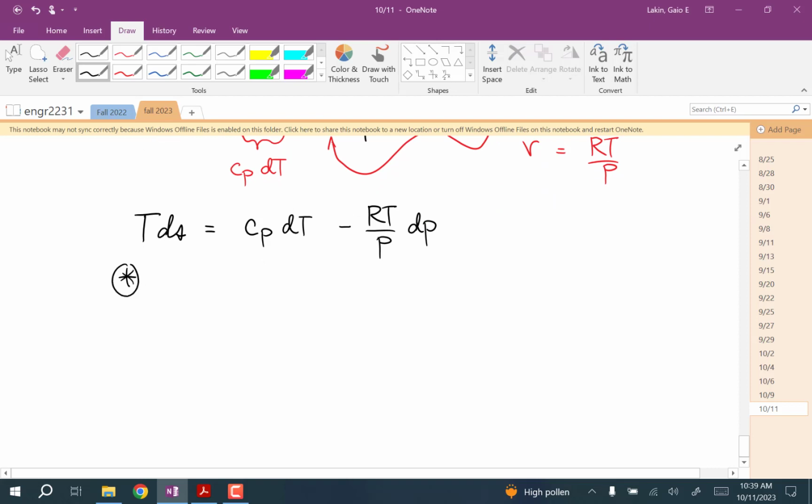So using this TdS equation, notice that you can express the change in specific entropy as a function of temperature and pressure.